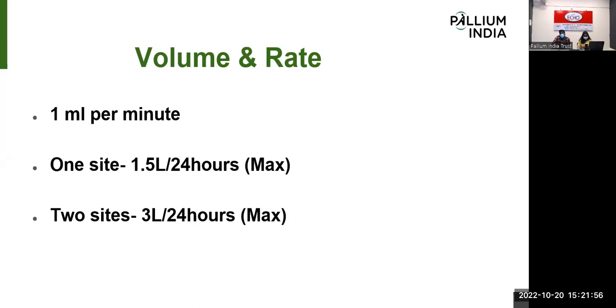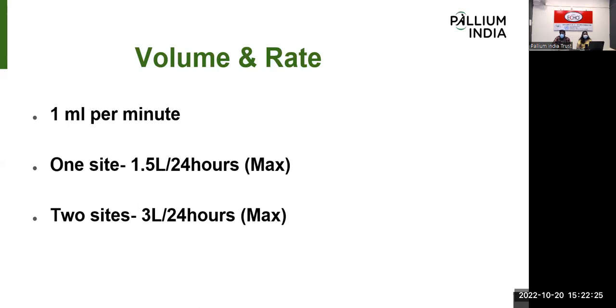Then, if we give a continuous infusion for the patient, on one side we can give 1.5 liter or 3 pint or 1500 ml of fluid within 24 hours. If we choose a second side, again we can give 1.5 liter.